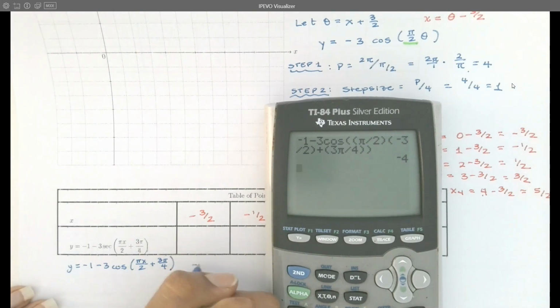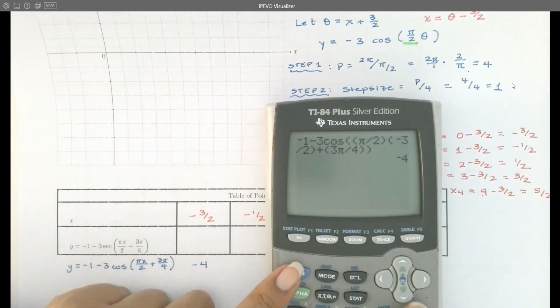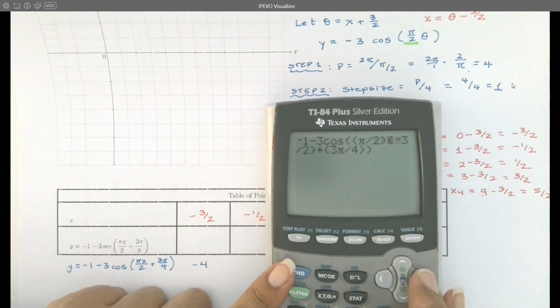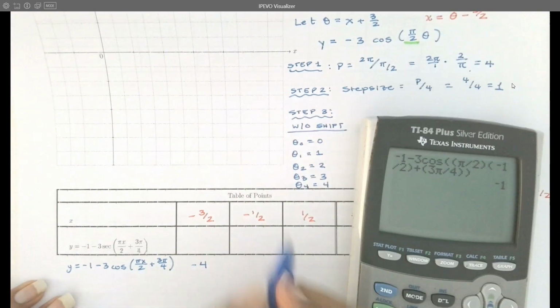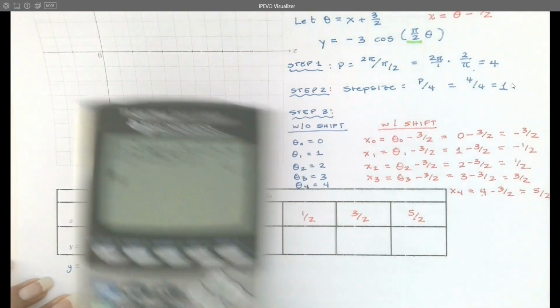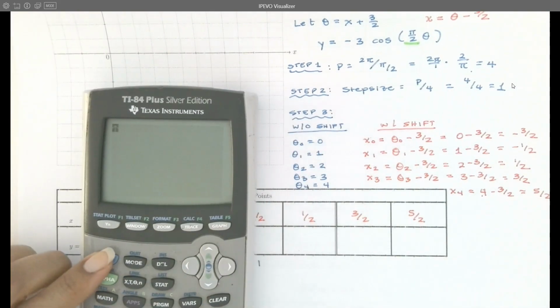Remember, this is not for the final answer, it's for our reference graph. And then we repeat the process, but we do want negative 1/2 instead of negative 3/2. So I'm going to go ahead and replace that 3 with a 1, and we get negative 1. Okay, the next x value is 1/2.